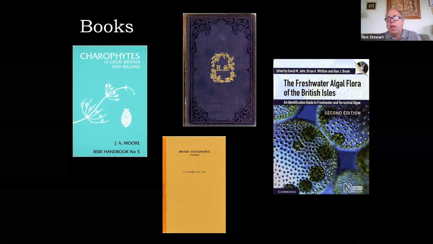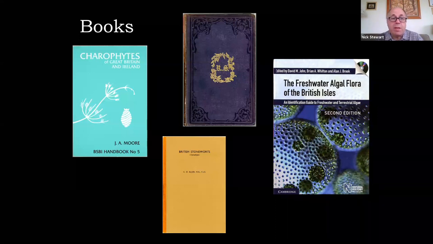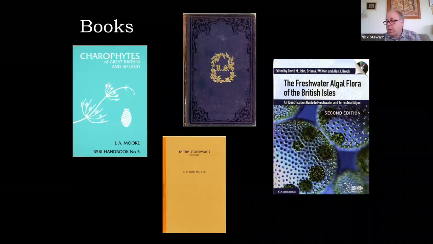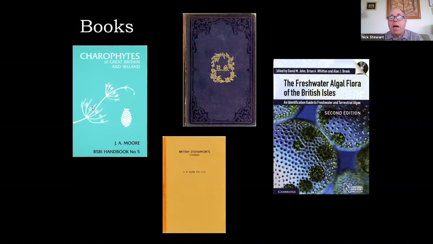And gradually, things have reverted back to the taxonomy that was in use before. Unfortunately, this has made it look as though the taxonomy of stoneworts is unstable, but actually it's been perfectly stable for over 150 years. Unfortunately, the handbook was written at a time when we were only halfway back to the old species concepts.